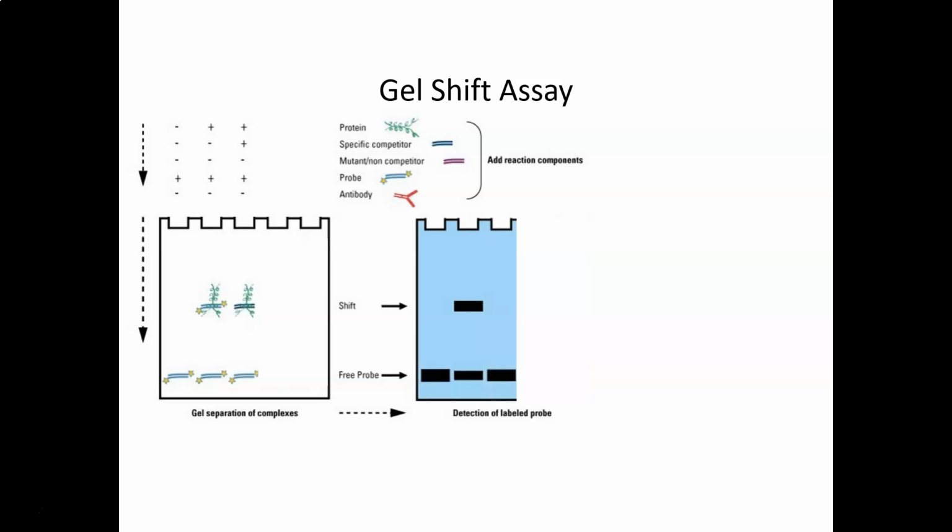We should see this pattern. What's happening really in the tube, this on the right is what we would see on the film. We're peeling back the curtain here on the left, is that yes, our protein is binding to DNA, but because we've added specific cold competitor, and we've added it in such a higher concentration than our probe, most of the DNA in the tube is actually cold competitor. Remember, by cold we mean invisible.